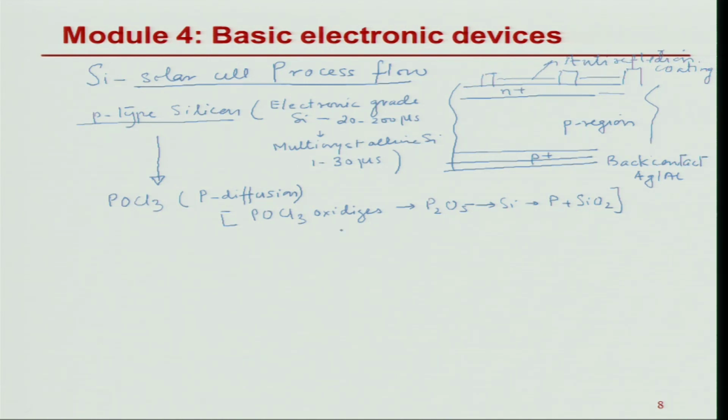So by creating this, we create a phosphosilicate on the silicon surface, and by annealing it, we then remove the top silicate glass, which was created in the earlier process.